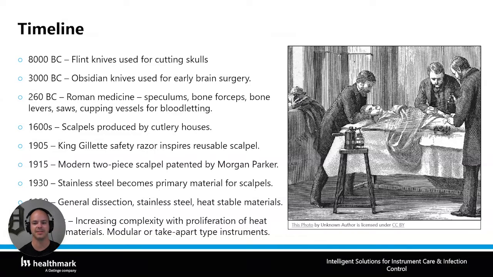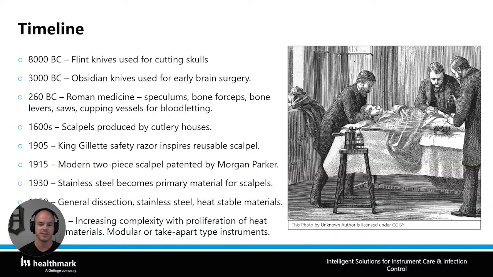And then in 3000 BC, they're using obsidian knives for early brain surgery. That's pretty wild. I had no idea that long ago they were already doing brain surgery. That's hard to even imagine, especially since it was well before the development of asepsis and anesthesia. So that's really interesting to me.